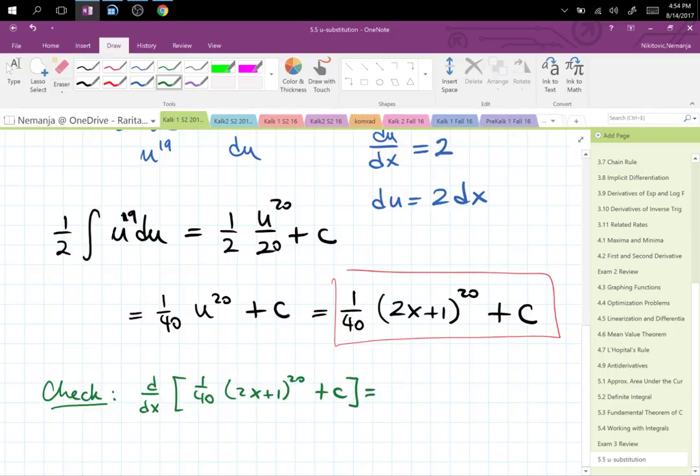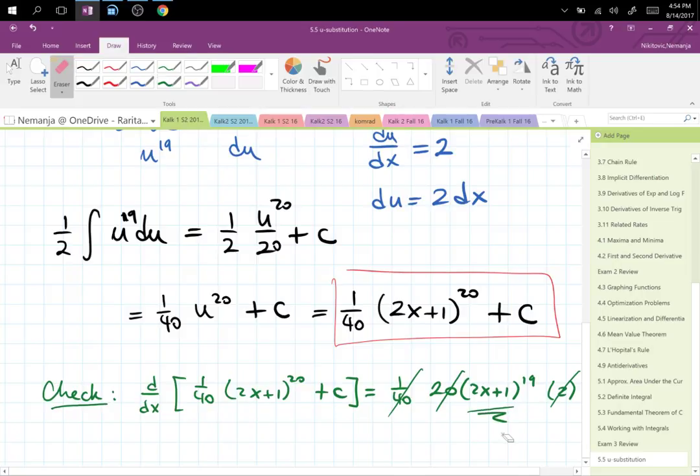And that's going to be, copy the constant, 1 over 40, then 20 goes down, 2x plus 1 to the 19, times the derivative of the inside, which is the chain rule, and then the derivative of plus c is 0. Now you see that 2 times 20 is 40, so all of them cancel, and you're left with what was in the integral. So the answer is definitely correct. And that's how you would check these.